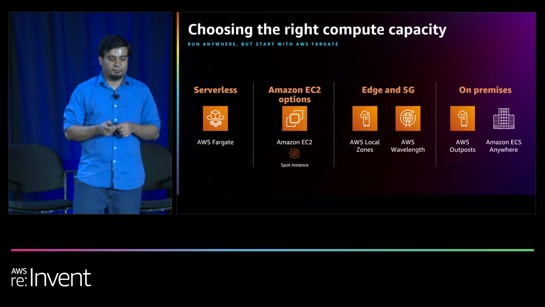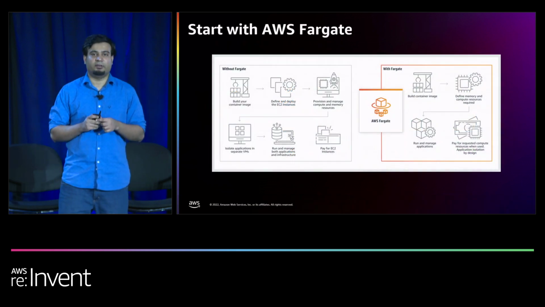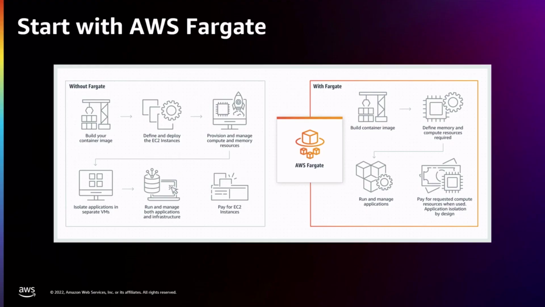And it is here that we highly recommend our customers to start with AWS Fargate. Fargate is the serverless compute engine which takes care of multiple responsibilities on your behalf so that you don't have to think about managing your compute infrastructure at all. Without Fargate, you would have to plan for scaling out your compute capacity, selecting the right types and sizes of instances that you require, upgrading your underlying instances and capacity with the right operating system updates as well as security patches.